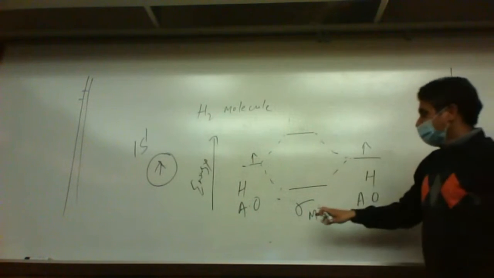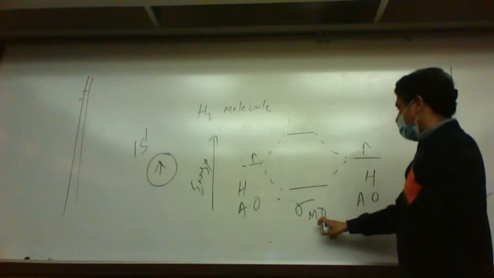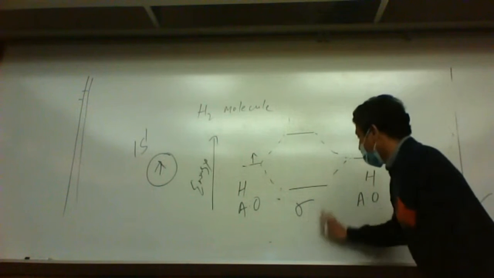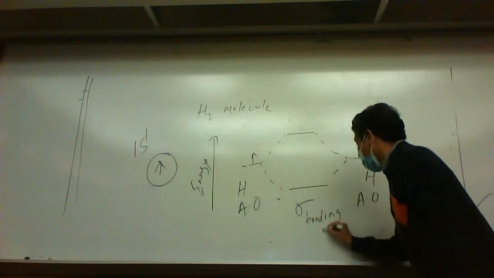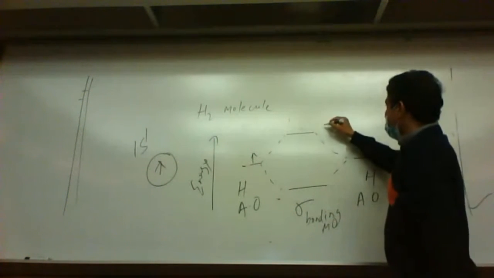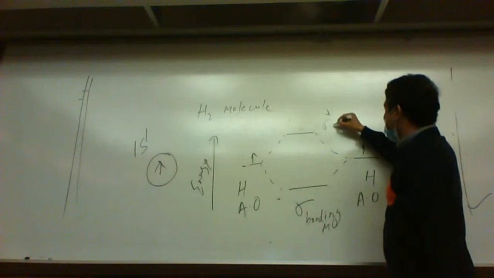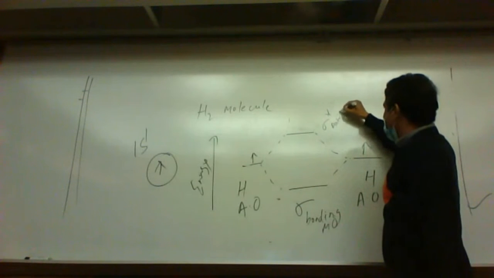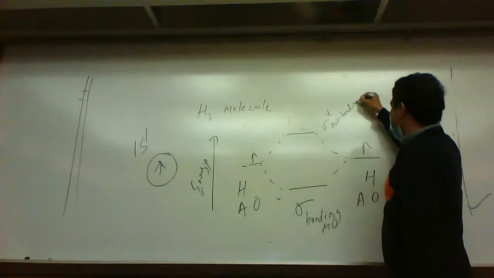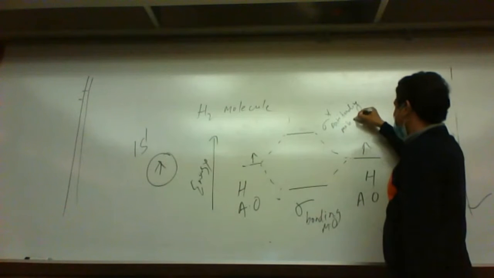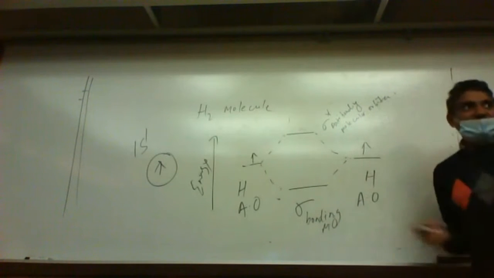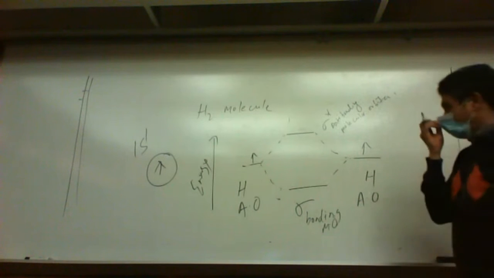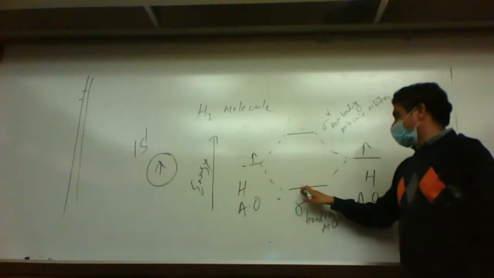Okay? So this is called the sigma bonding molecular orbital, and this is called sigma star, the anti-bonding molecular orbital. Make sense? Simple. Now, this is one orbital.